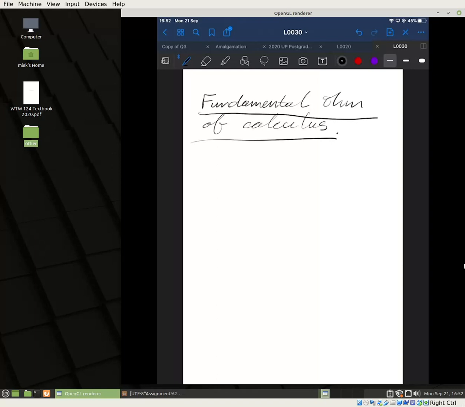The fundamental theorem of calculus comes in two parts, and its aim is to make rigorous the informal statement: integration is the opposite of the derivative, or in reverse, derivation is the opposite of integration. So its aim is to make this statement rigorous.